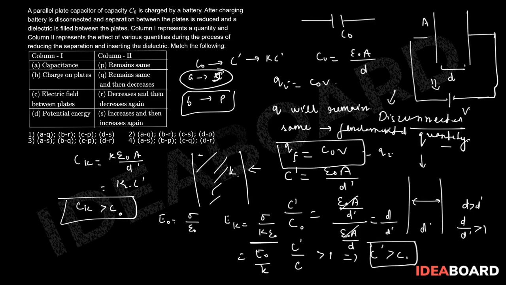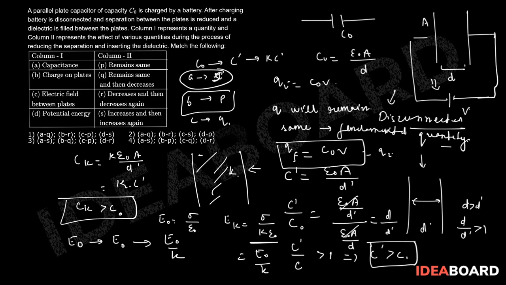So which option is correct? So I can match C with Q, remains the same initially. First of all, electric field was E0, then after reducing the distance it was E0, and after that it became E0 by K.